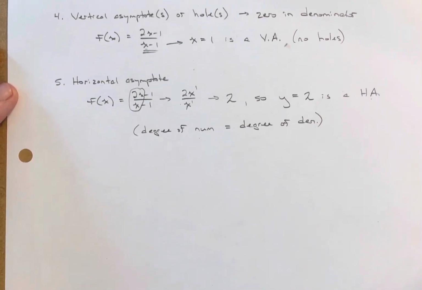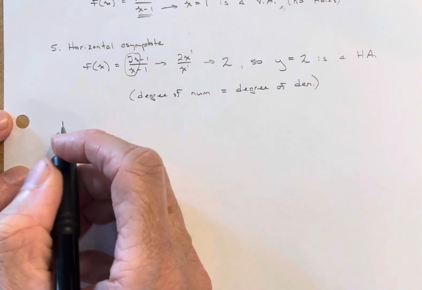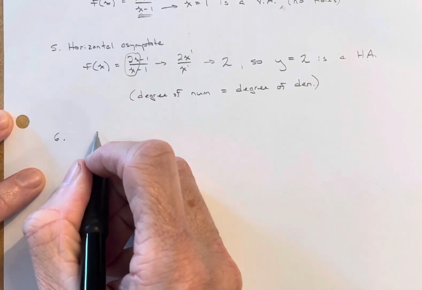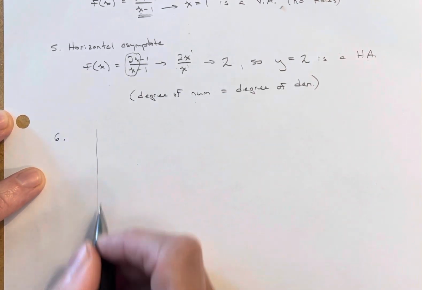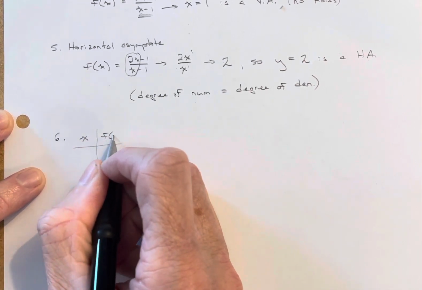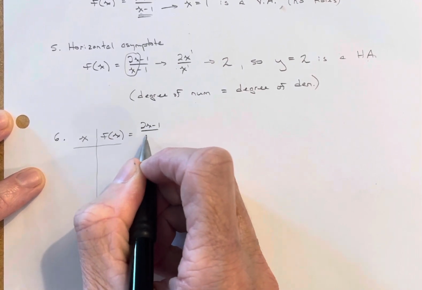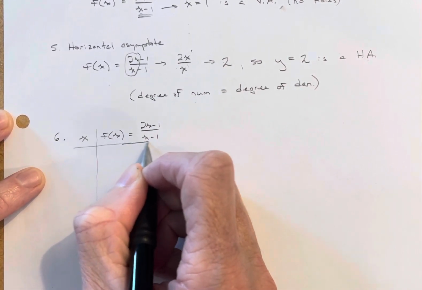Now, last step. Let's find ourselves some points, and then we're going to sketch what we know. So let's do some points. We have x here, and we have f of x is equal to 2x minus 1 over x minus 1.